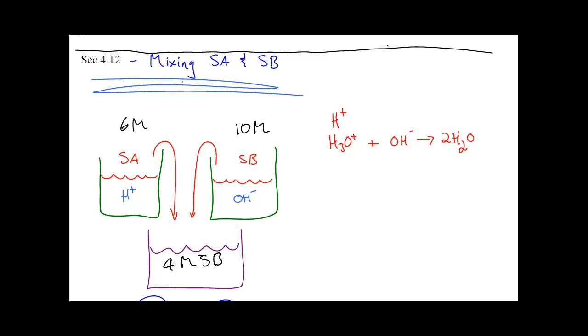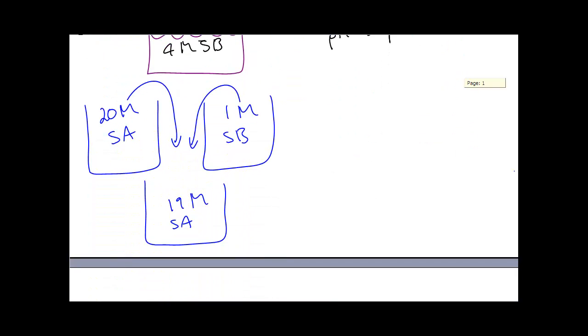That's basically what this section is doing for us. We're going to mix things together, we're going to see what's in excess, and then solve for pH or POH. But unfortunately, it's not all going to be this straightforward. I can change up the numbers and make things a bit more complicated, but nothing you haven't seen before. So let's look at another example. If we have 20 molar strong acid with 1 molar strong base, we can subtract those things and understand that you have 19 molar strong acid in excess.